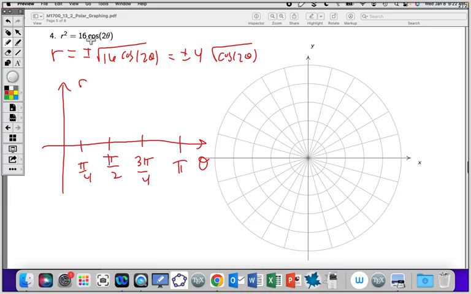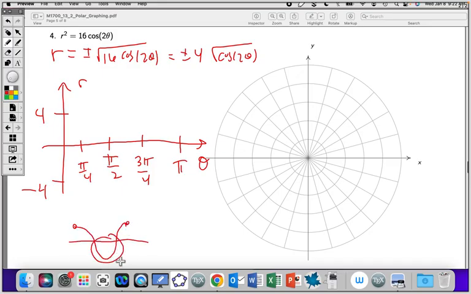What's going to happen with this curve is we're going to go between negative 4 and 4. And, you know, the regular cosine is going to look like this, okay? Regular cosine looks like this.